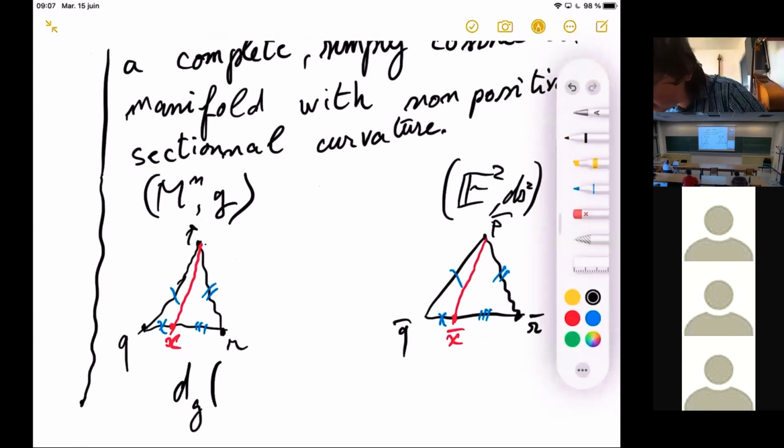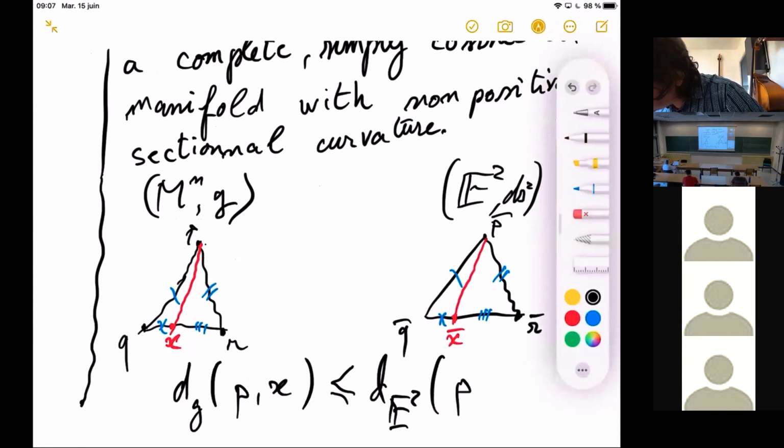So here the distance on the left, with respect to g, between P and X will be smaller than the distance in E2 between P bar and X bar.